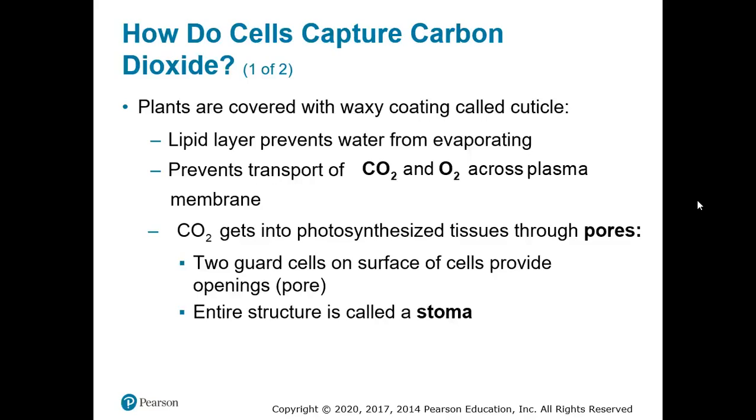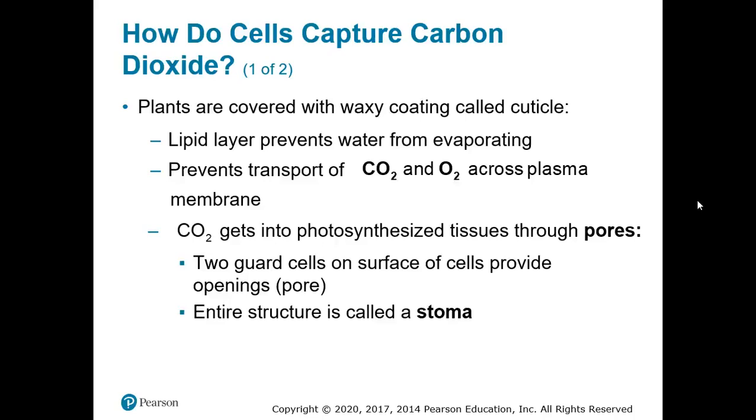Because we need water for this entire process. That's what we need for our photosystem 2. And it's also going to have the added effect, which is not necessarily a good effect, but it's going to prevent carbon dioxide and oxygen from moving in and out of our plant cells. Now, this is kind of bad, right? We do need to keep water in.